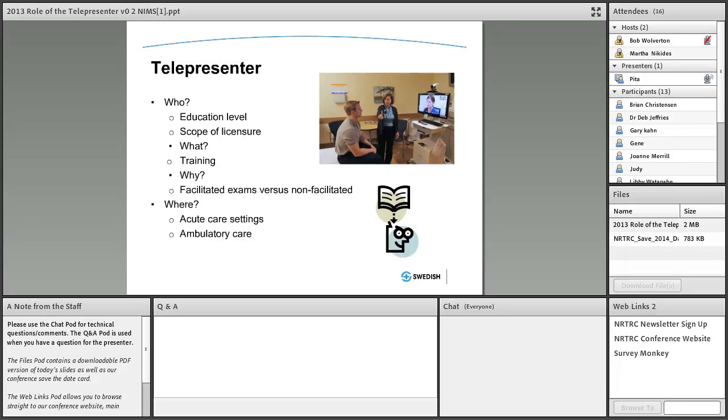Current state, we've only trained nurses, but I caution you that you don't just need a nurse to fulfill this role, depending on the complexity of the exam. I'll go into further detail later in my presentation. My recommendation would be to look at what's needed from the provider, and how that fits within the scope of practice for your state.